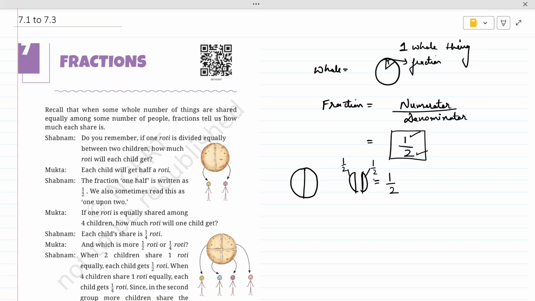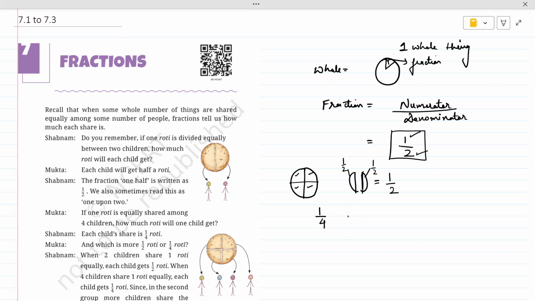Similarly, we have another example where we are dividing this roti into 4 equal parts. When we divide this into 4 equal parts, every part of this roti will be equal to the fraction 1 by 4.